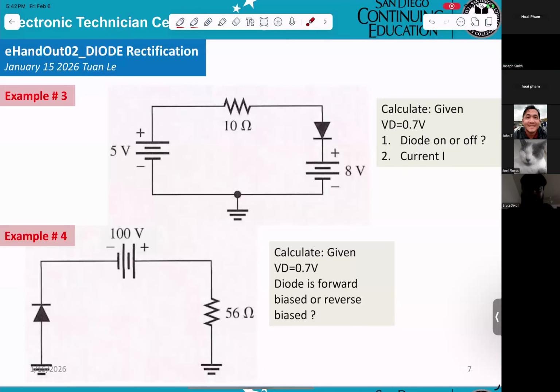Why? If I'm looking here, this can be 5 volts, and the other one will be 8 volts. 5 volts is less than 8 volts, so the diode will be off.